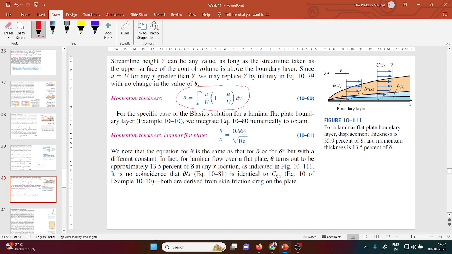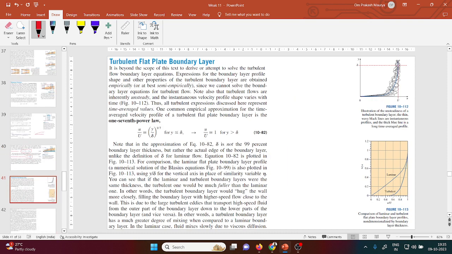Here infinity is the upper limit. The momentum thickness in case of laminar, turbulent, flat plate, and power law — you know the power law is like that. I will utilize this concept in the question answer, so that's why I am showing it here.